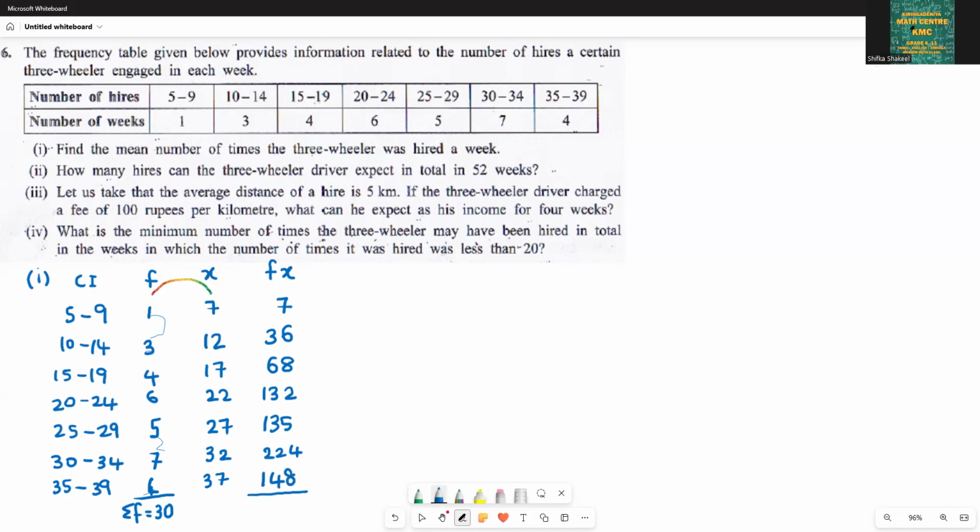Sigma means the total of the FX column. If you add the FX column, it adds up to 750 as the total.